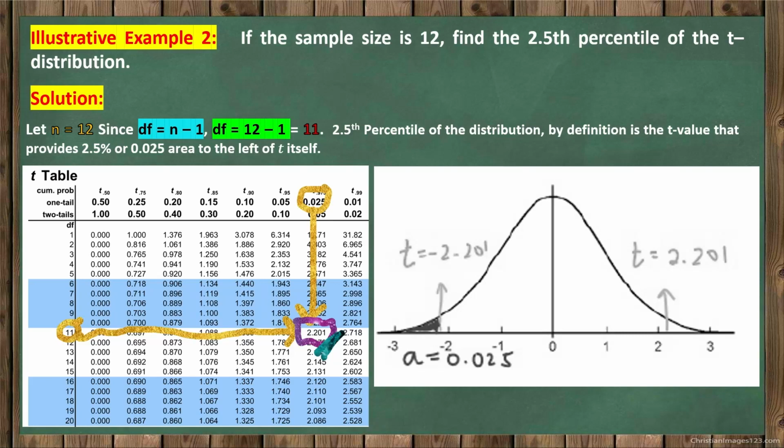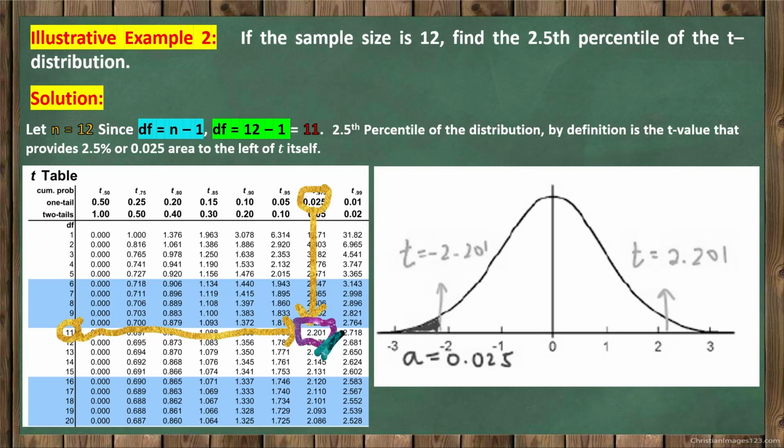Although we have obtained 2.201 as the value of t using the t table, we cannot just easily say that it is the final answer that we're looking for. Note that the 2.5 percentile corresponds to the area of 2.5% or 0.025 in the left portion of the curve with respect to the y-axis or t equal to 0.